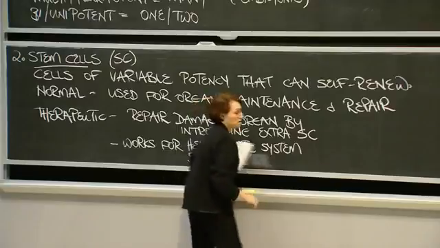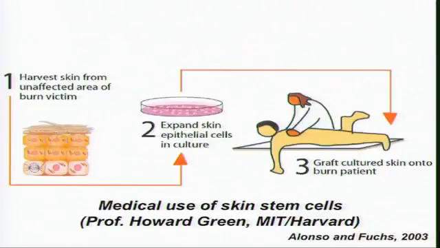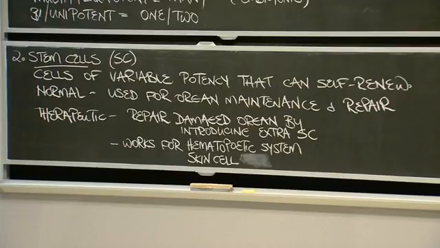Okay. Skin stem cells can be grown from your own skin. And in the case of burn victims, this has really saved countless lives. The original technology began to be developed here at MIT by Professor Howard Green, who's now at Harvard.